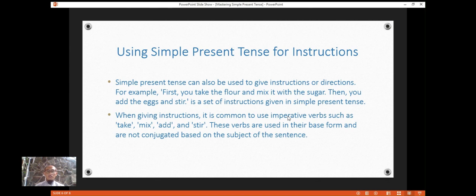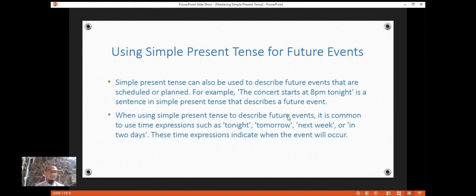It's a set of instructions given in simple present tense. When giving instruction, it is common to use imperative verbs such as take, mix, add, and stir. These verbs are used in their base form and are not conjugated based on the subject of the sentence.